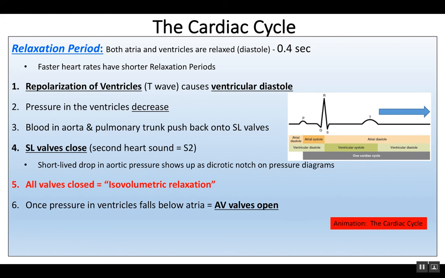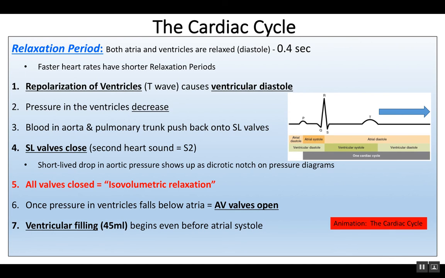Once the pressure in the ventricles falls below the atrial pressure, the AV valves open again. So notice that opening and closing of valves is all based on the pressure differences on each side. If the pressure is lower in the ventricle than the atria, the AV valves are open. Once the pressure in the ventricle goes up, it closes the AV valves.